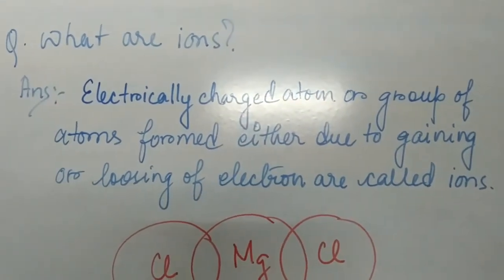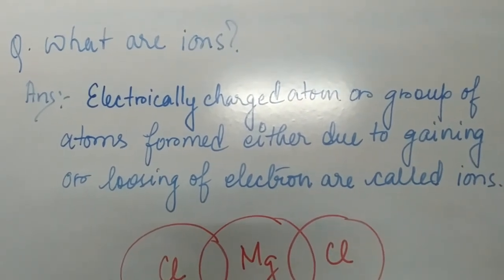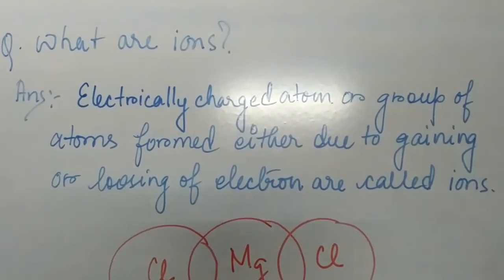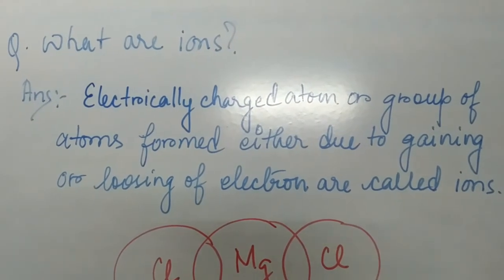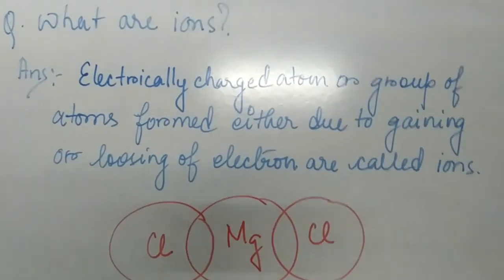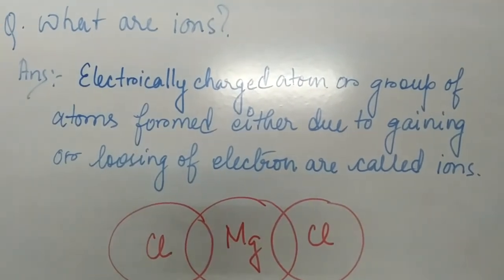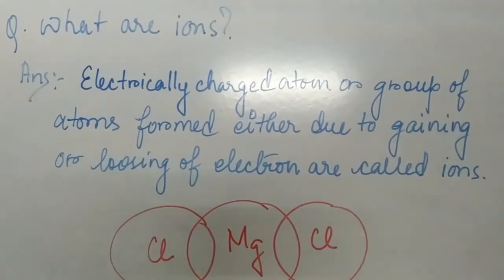Next is, students, what are ions? Now, ions are electrically charged atoms or groups of atoms formed either due to gaining or losing electrons.